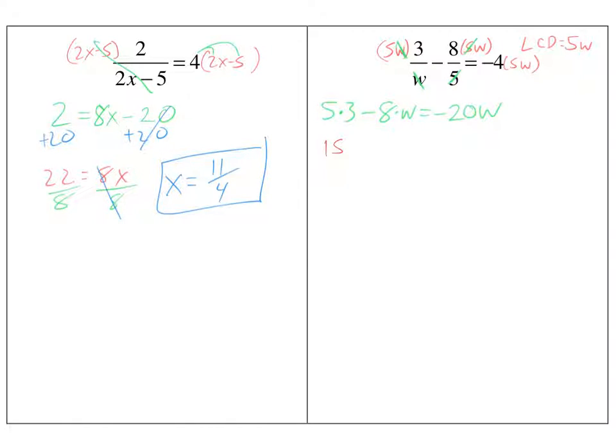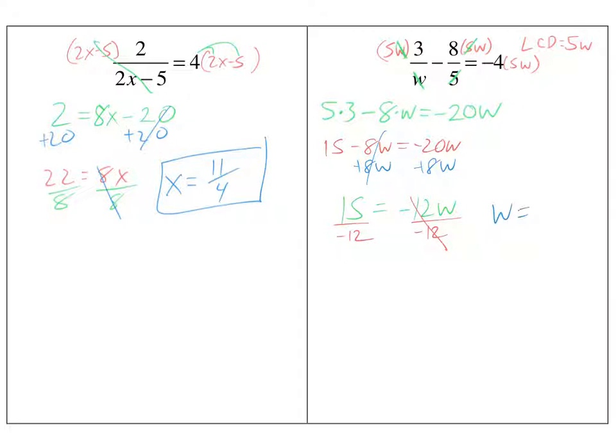So I have 5 times 3 is 15, minus 8w equals negative 20w, and I want to solve this. So I'm going to add the 8w over. And I now have 15 equals negative 12w. Then I divide by a negative 12 to get rid of that.